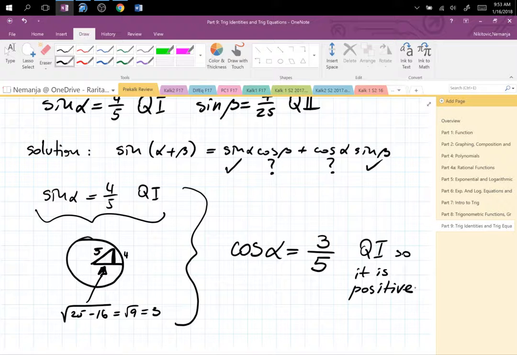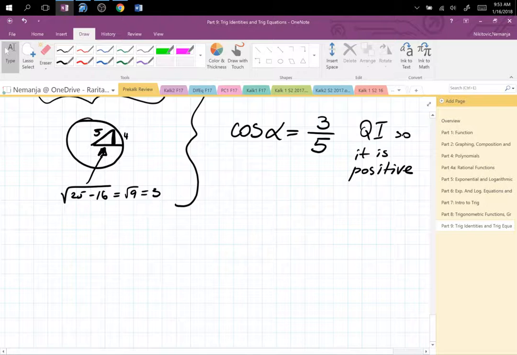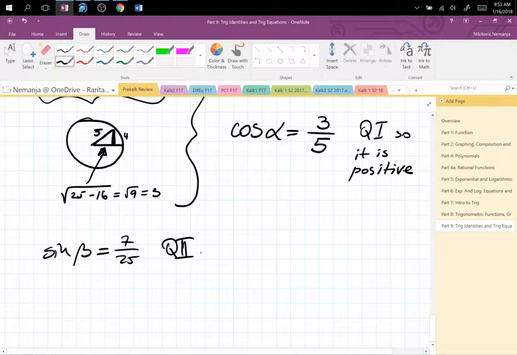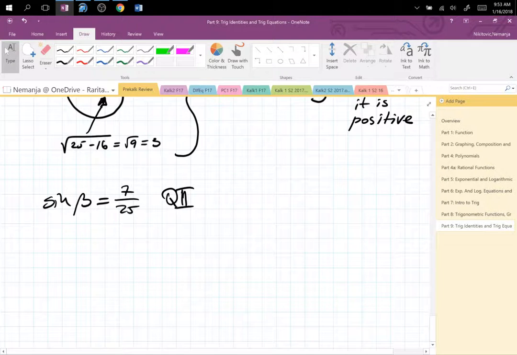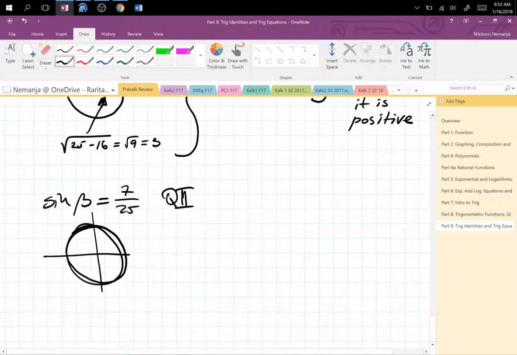Draw the triangle. This time hypotenuse is 25. So now we're using the fact that sine beta is equal to 7/25, and it's in quadrant 2. So we draw the circle, and it's quadrant 2 now, and I have a 25 here, and this line over here is 7.